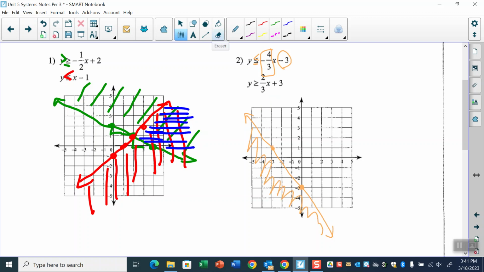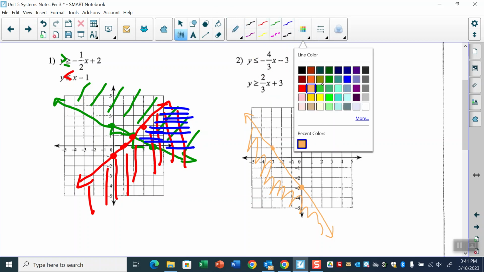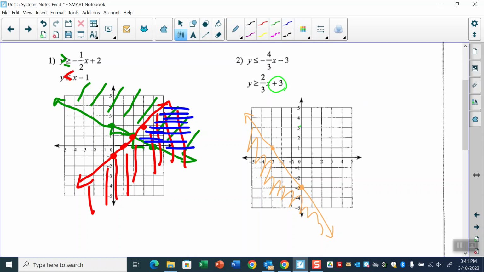And then this one, I've got a y-intercept of +3, so here's my +3. And then my slope is 2/3, so I'm going to go up 2 and over 3. Or I can go down 2 and left 3. And then this is a greater than or equal to, so it's solid.